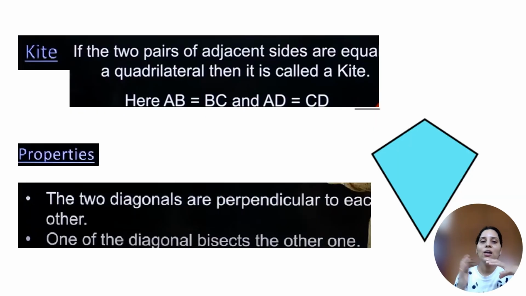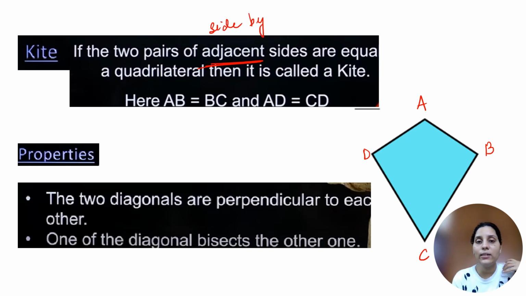Next is kite. We know how a kite looks, right? Let me name this. This is a kite. If two pairs of adjacent sides are equal, adjacent is basically side by side, having the same vertex. These are the two adjacent sides which are equal in a quadrilateral, then it is known as a kite.